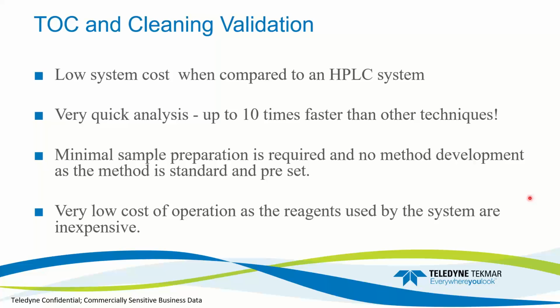You've got to be able to dial in the retention times on HPLC, where TOC is basically take the sample, sparge it, remove out the inorganic carbon, place it over into the UV reactor chamber with persulfate and acid. That's going to promote the oxidation of carbon to CO2, and it's going to be sent over to a CO2 detector and measured for our concentration. It's a very low cost also.